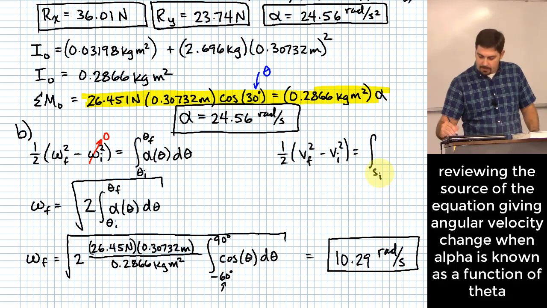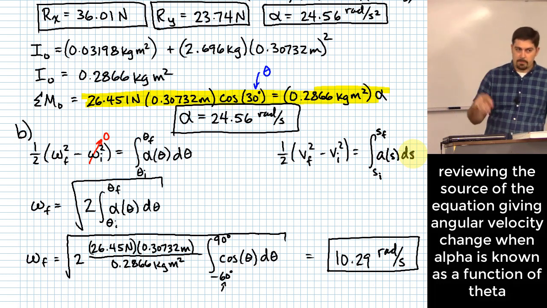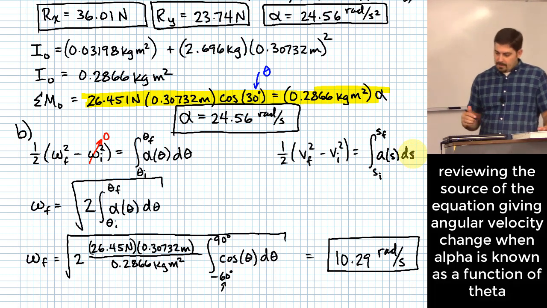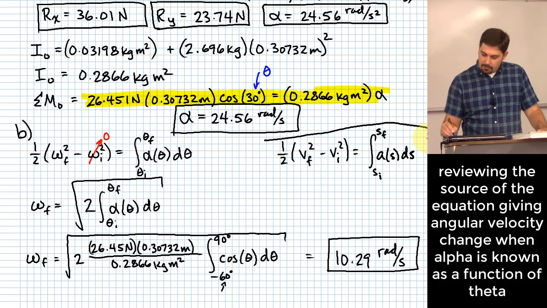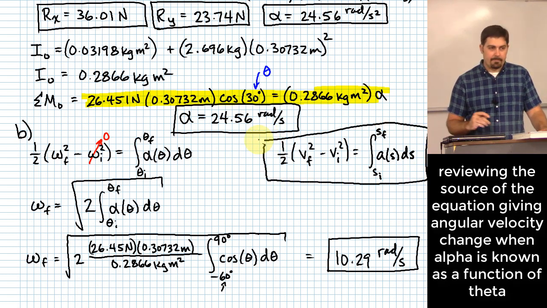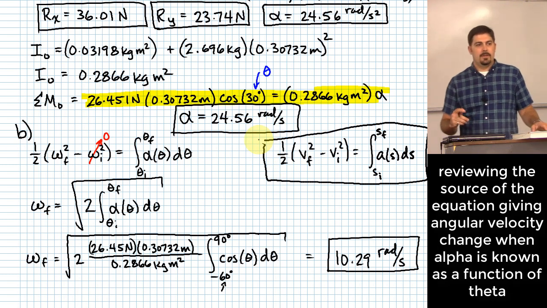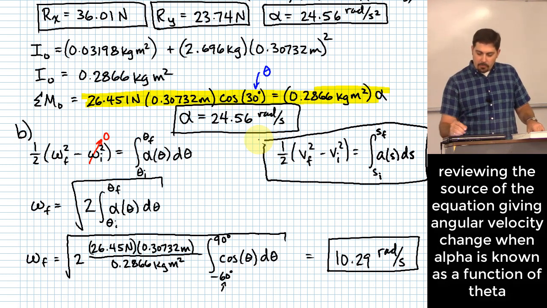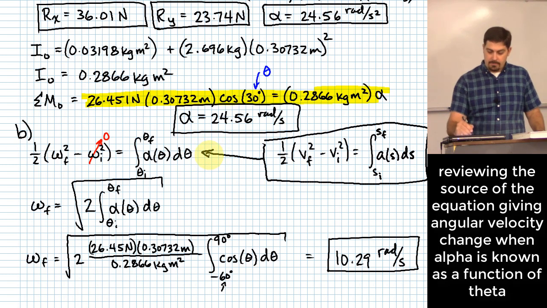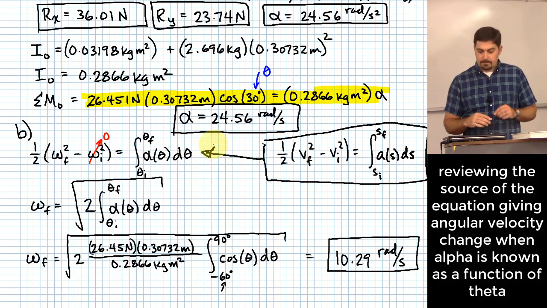I think we even derived that one when we started out in this class. I didn't rederive it for the angular case, but I basically said the analogous equation still holds. So that would be the analogous equation to that.